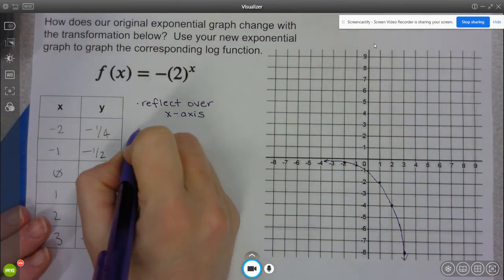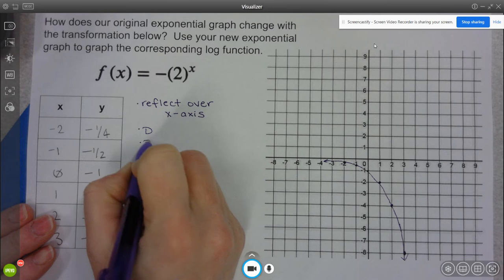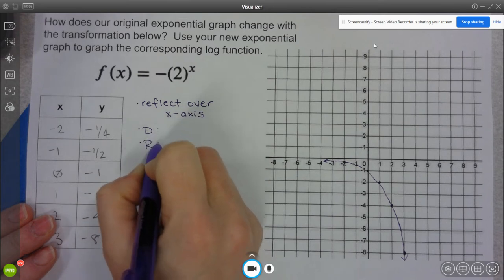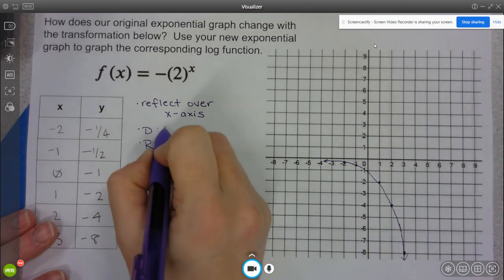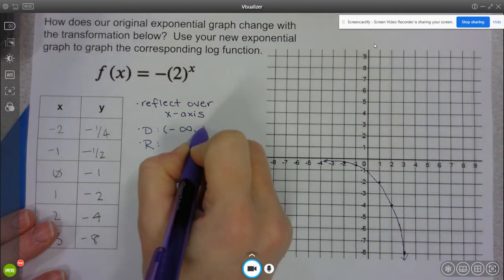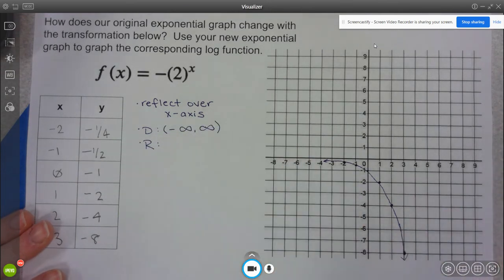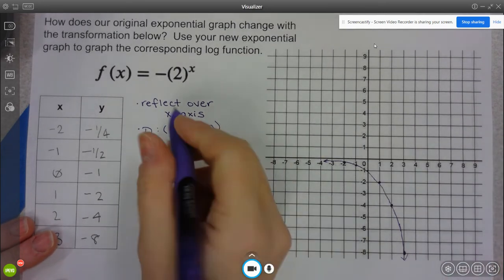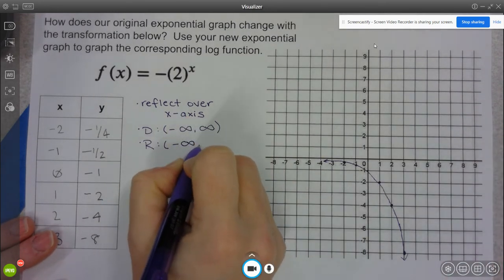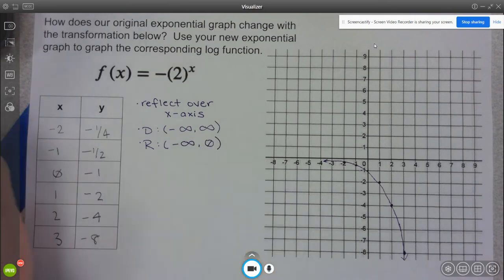So talking about our domain and our range before we do our log function. Well, my domain isn't changing. It's still all of my valid x values, everybody. Range is now everything below. So this is actually going to be -infinity to 0 now.